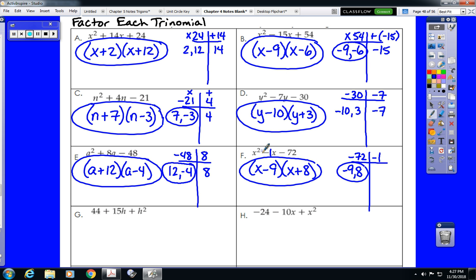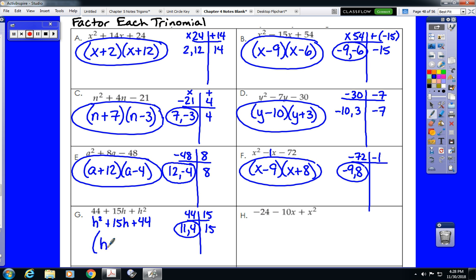Finally, on letter G, you'll notice these are not written in descending order. So the first thing we should do is rewrite this expression so that the h squared term comes first, the h term comes second, and the number comes last. That means we're looking for a pair of numbers that multiplies to 44 and adds to 15. Hopefully everybody can quickly come up with 11 and 4.